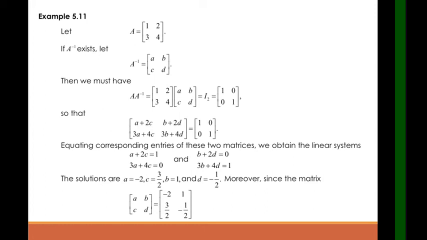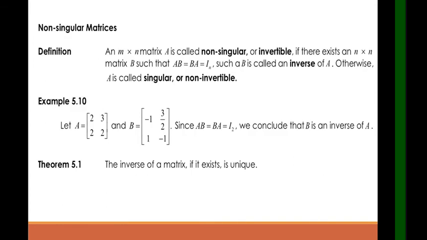So that A plus 2C, pag pinag-ano natin yan, B plus 2D, 3A plus 4C, 3B plus 4D is equal to 1, 0, 0, 1. That's according to this portion. Asan ba yun? Ito. Yan, dito. Hindi siya maguhitan.